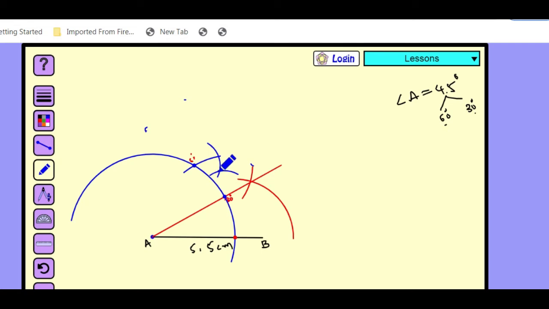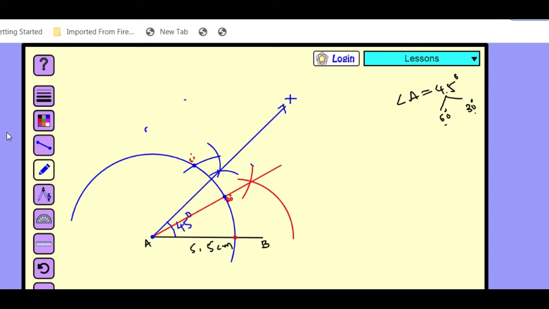Now this point is indicating the 45 degrees. Now take the ruler and draw a ray. Now mark it as AX, 45 degrees. Now we have got the angle 45 degrees.